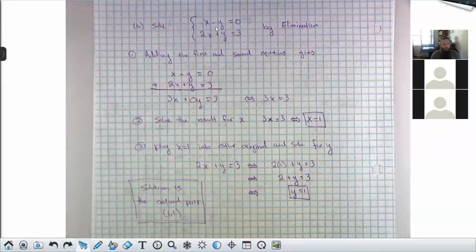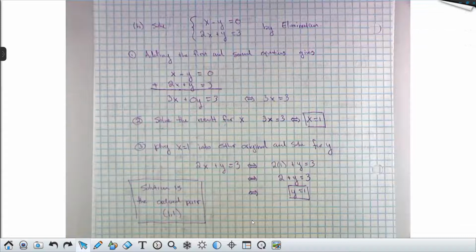Are there any questions at all on this solution, the elimination solution? I'd really love to hear what you're thinking, anything at all. Is anybody seeing elimination for the first time?